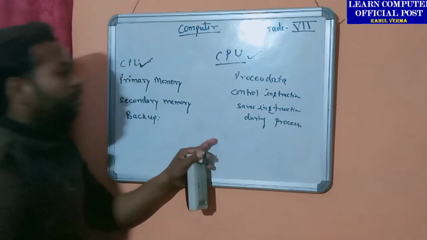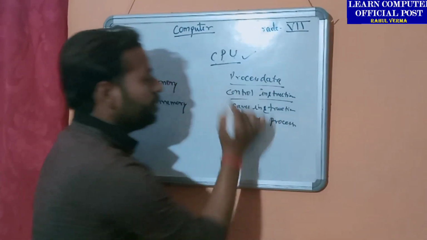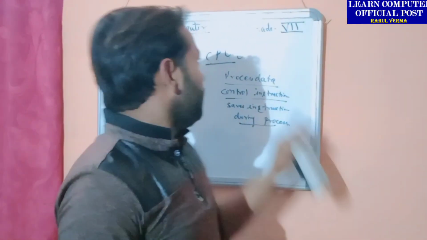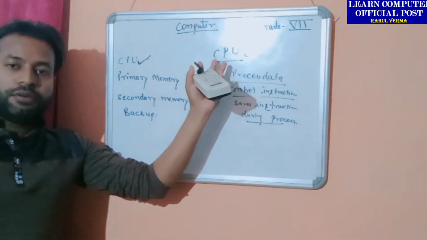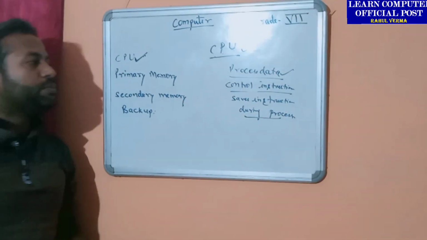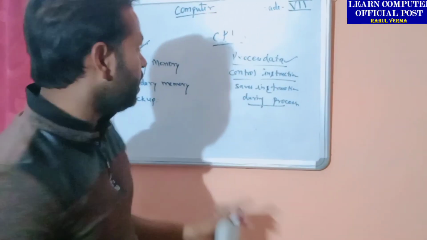Right? What we can say, CPU is used to process the data, control the instructions, and save the instructions during processing. So why is the CPU important? Because it is used to process the data, control the instruction, and save the instruction during processing of the data.